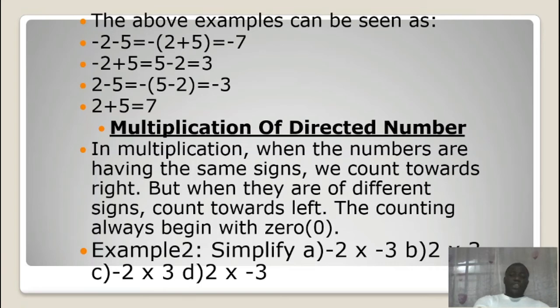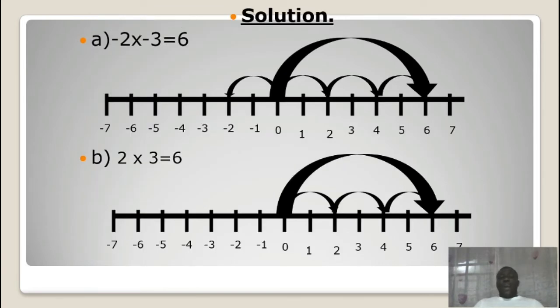So now the first example here, we have minus 2 times minus 3. The first thing we say is that if you are counting a negative value, you count towards the left. So when you are counting left the first time, the thing moves once, which is the initial minus 2. Because the two of them are carrying the same sign, I'm going to return the counting from 0 back towards the right.